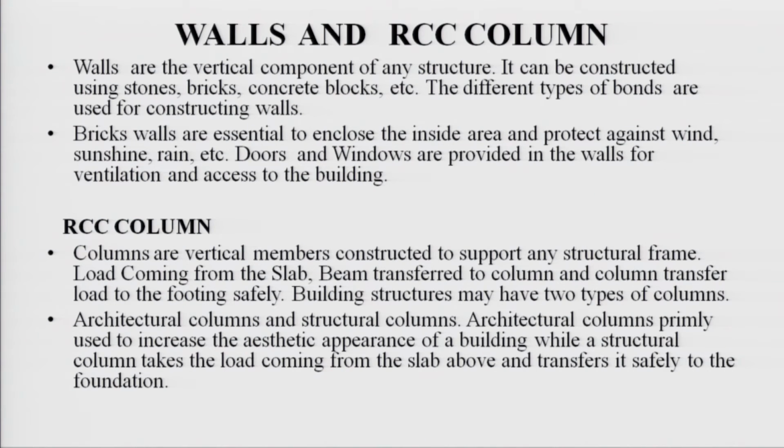Then come to the wall and RCC column. Walls are the vertical component of any structure. They can be constructed using stones, bricks, concrete blocks, etc. Different types of bonds are used for constructing walls.